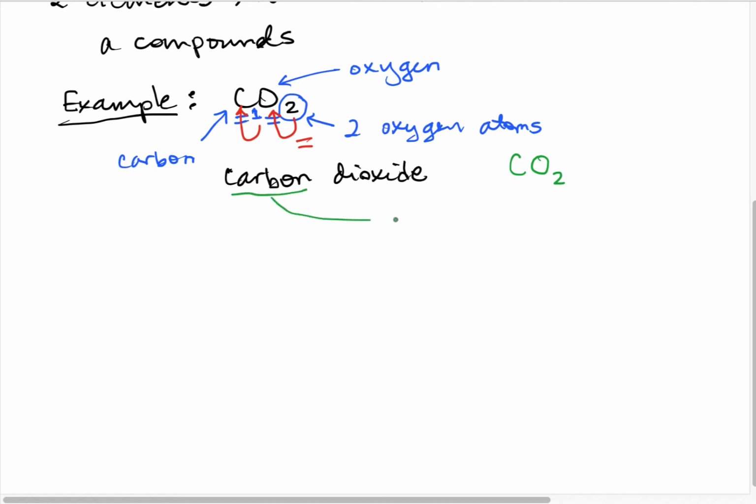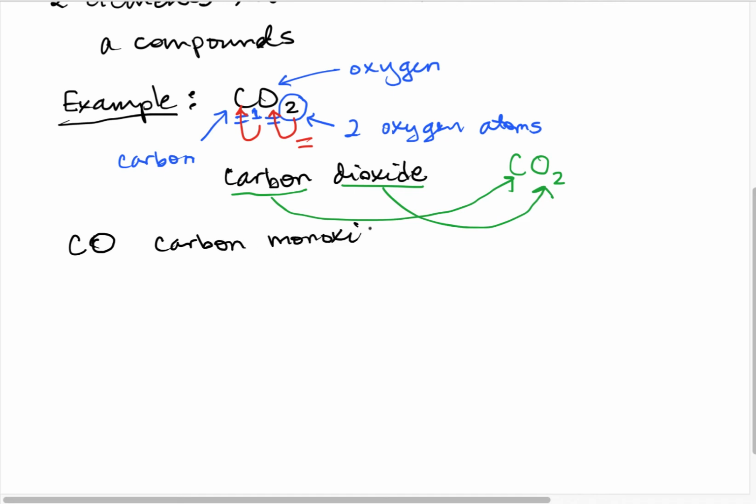Here's carbon, and then here's dioxide, indicating perhaps that we have these 2 oxygens here. So carbon dioxide has a cousin compound that you may also have heard of, carbon monoxide. It's a toxic gas, and this is its chemical formula.